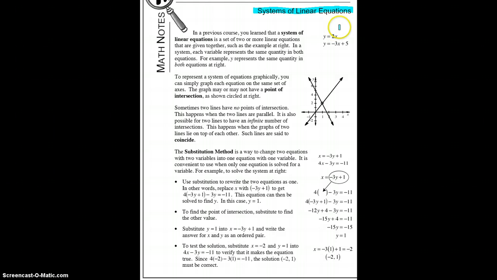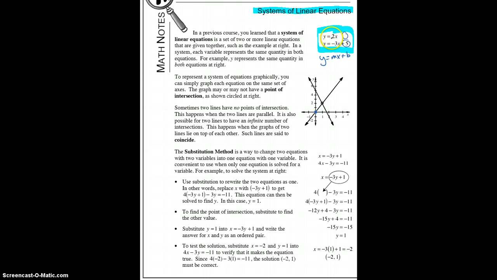To represent this system graphically, you can simply graph each equation on the axis. If we're thinking of y equals mx plus b format, then you graph your y-intercept and you count from that y-intercept your slope. In the first equation, the y-intercept is at 0, 0, because there is no y-intercept present.